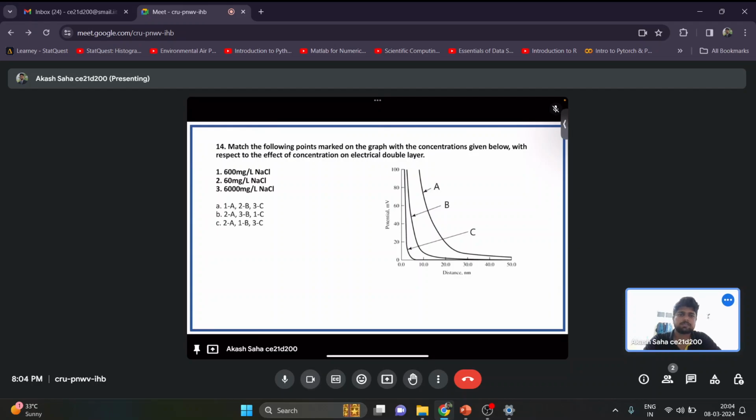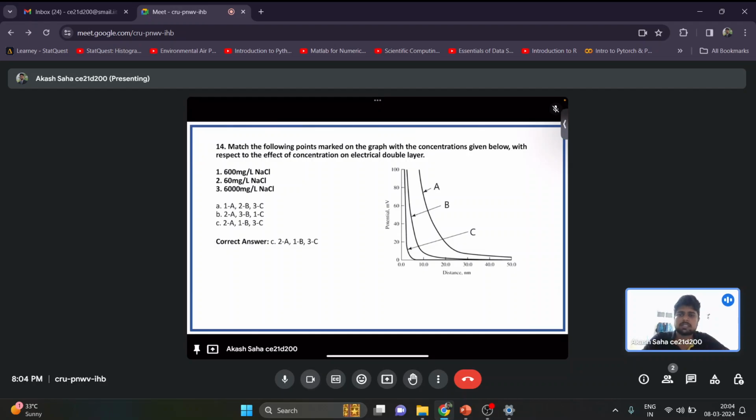So if you see, the curve will move closer to the y-axis, or the distance will reduce, if more and more particles or concentration is there. Okay, so in that case, the farthest away will be the least concentrated solution. So we can say that 60 milligram per liter of NaCl, that is the second option, will be the A curve because this is the farthest away.